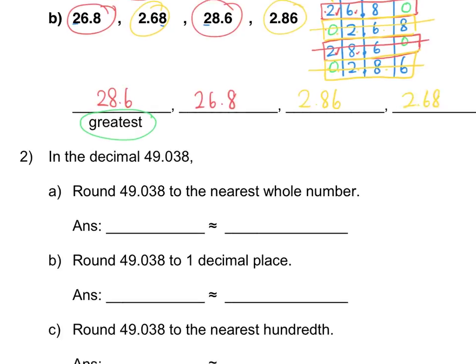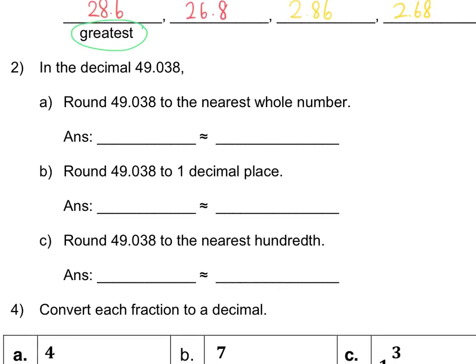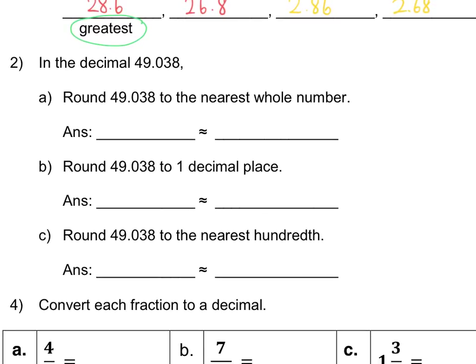Let's go on to question 2, which is on rounding decimals. Okay, given a decimal, first thing we do is we should always label the place value chart. In front of the decimal point, we have the ones place, followed by the tens place. After the decimal point, we have the tenths place, followed by the hundredths, and finally the thousandths place.